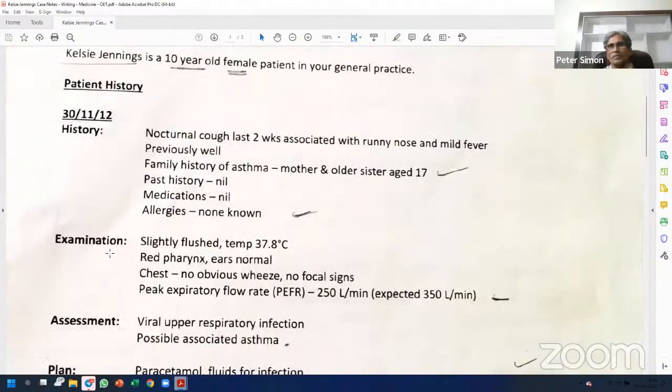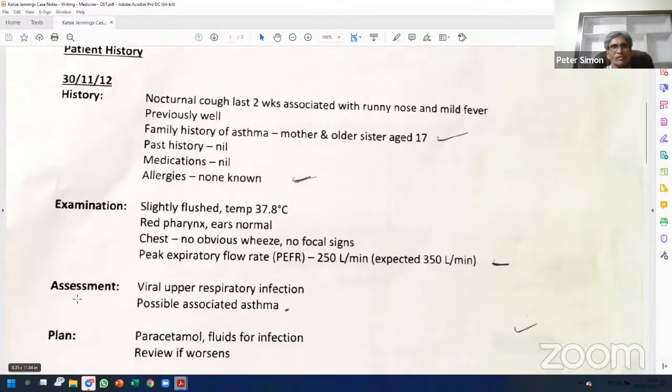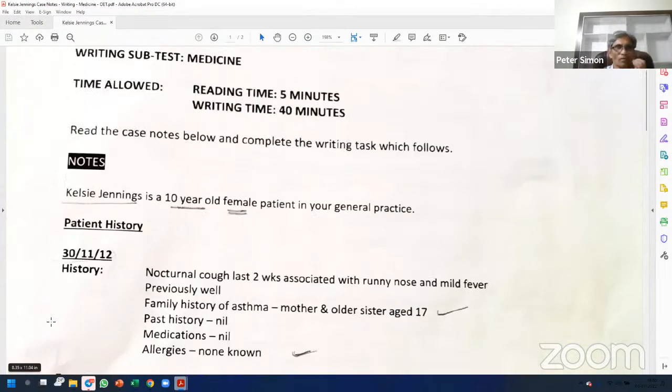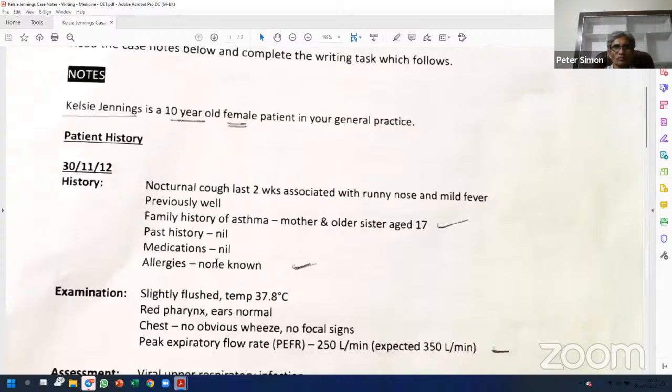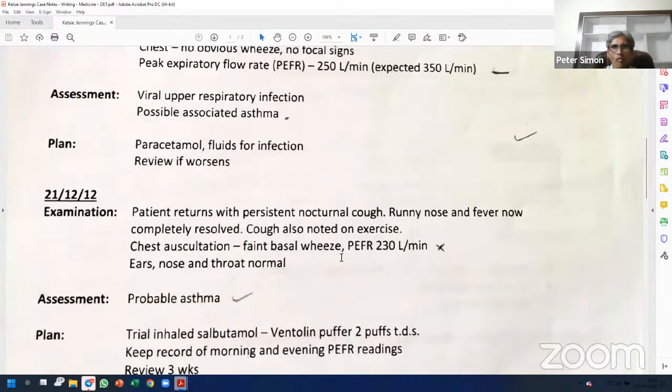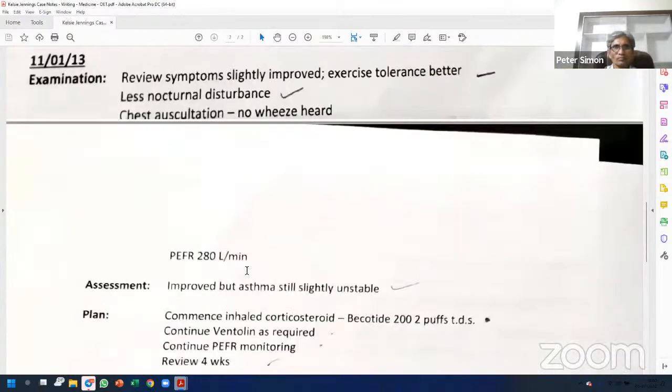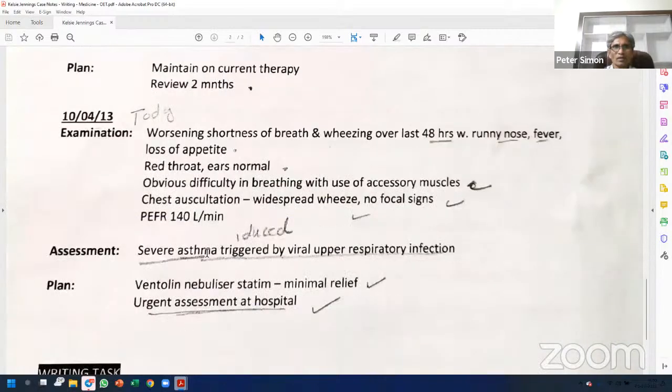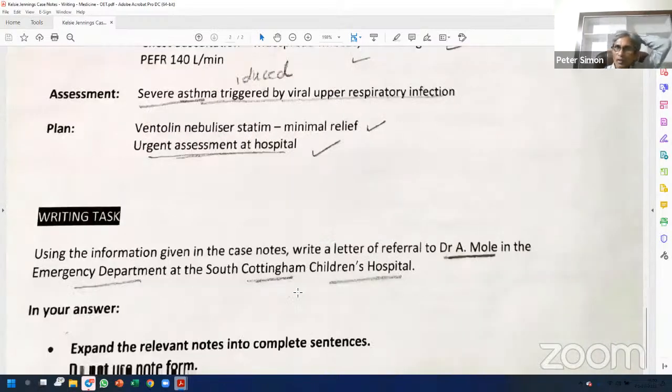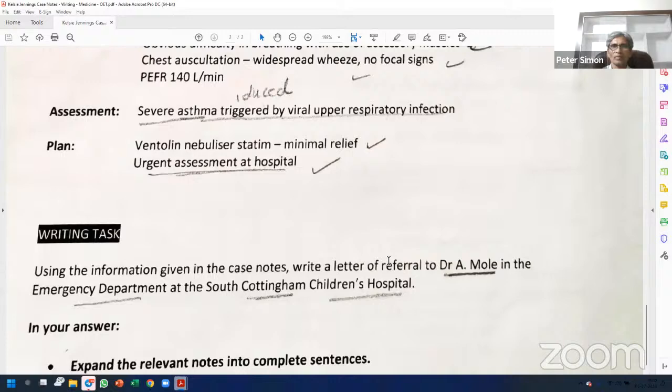So urgent letter, emergency department, South Cottingham Children's Hospital. So the address will be like this.